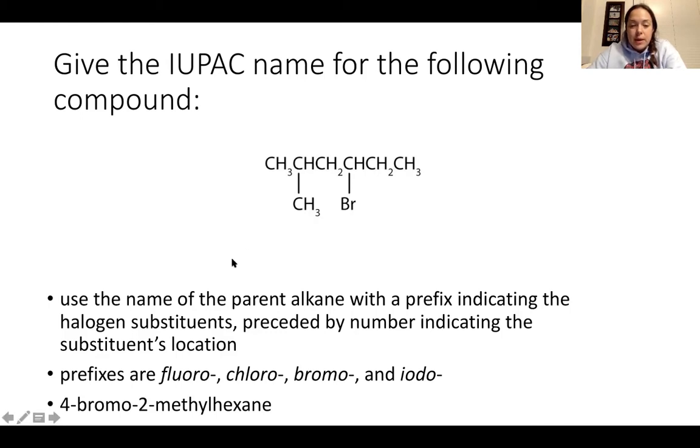We're going to use the name of the parent alkane, but put a prefix indicating which halogen is a substituent on this alkane. And in front of that, we put a number telling us where it is. Remember, the first step is figuring out our longest continuous carbon chain. So we count 1, 2, 3, 4, 5, 6.